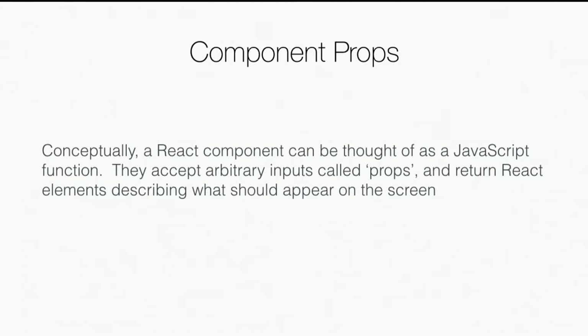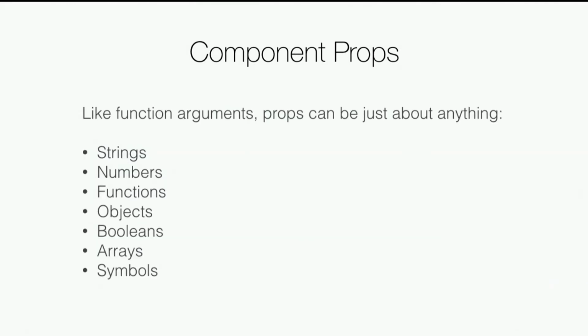So we call the function by putting the tag on the page, and then the additional parameters we need to provide to it are passed through the props. Because they are basically like arguments, they can be pretty much anything that normal JavaScript arguments could be. Could be strings, objects, arrays, other functions, booleans, pretty much anything.